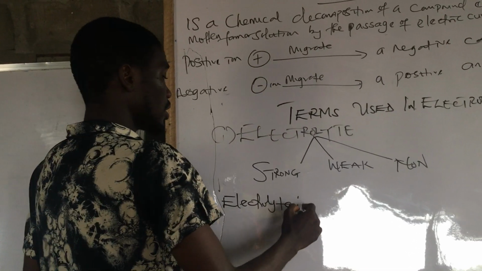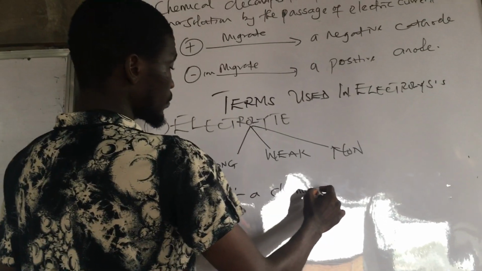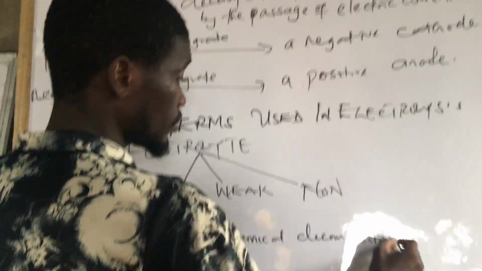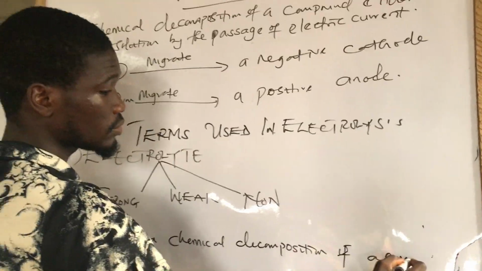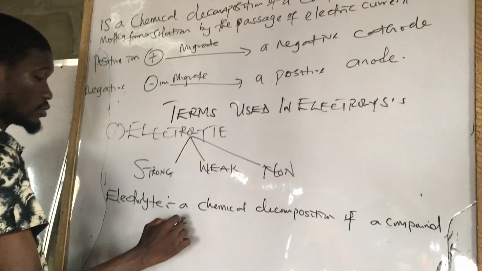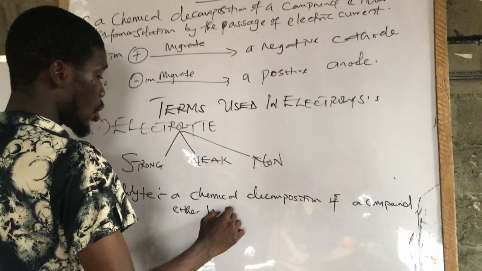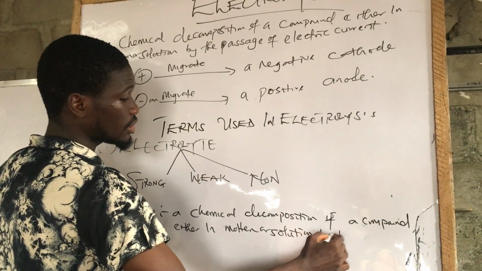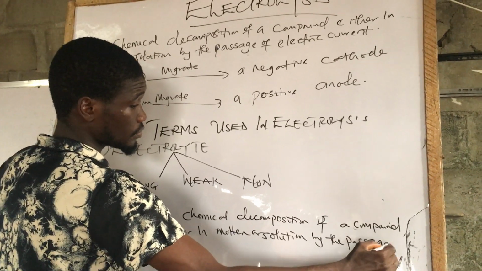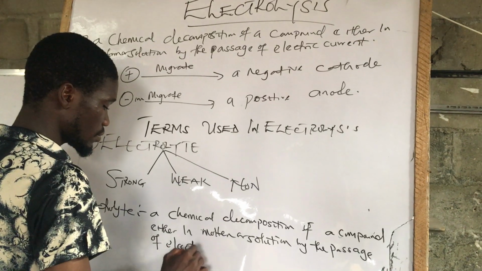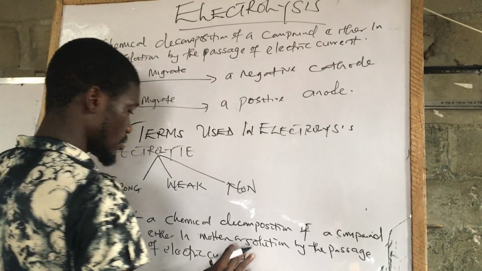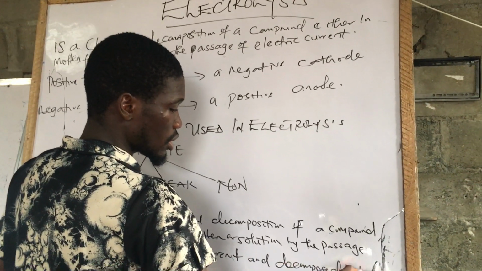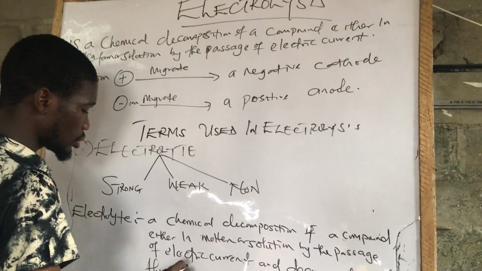I can say it is the chemical decomposition of a compound, either in molten form or solution, by the passage of electric current, and it decomposes at the electrode.